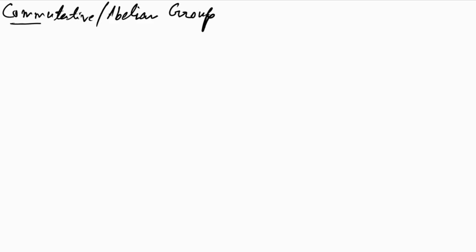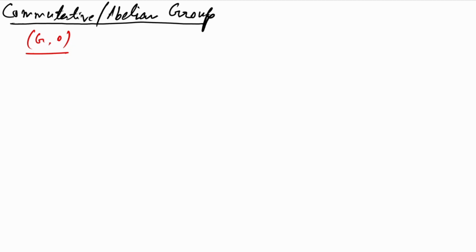Now we will see what is commutative or abelian group. So what is commutative or abelian group? Suppose you take a group G, compose.